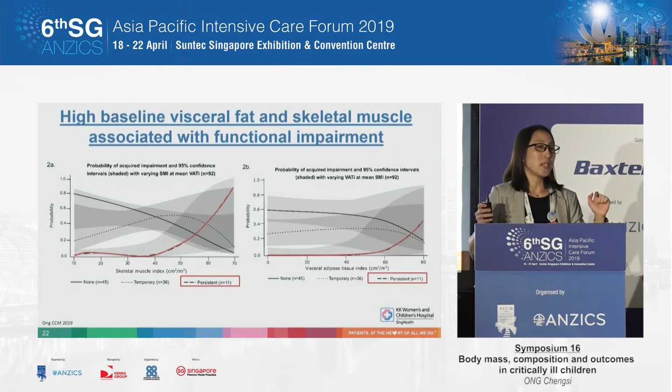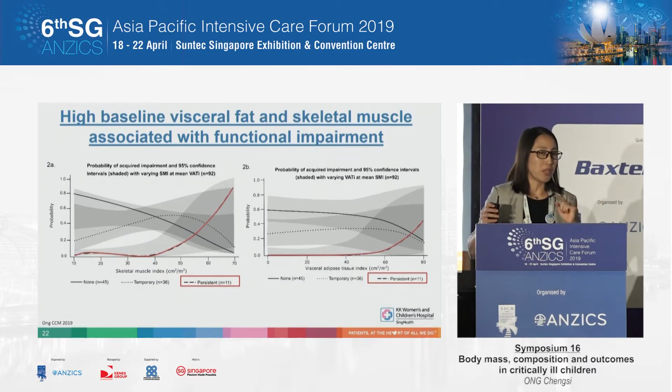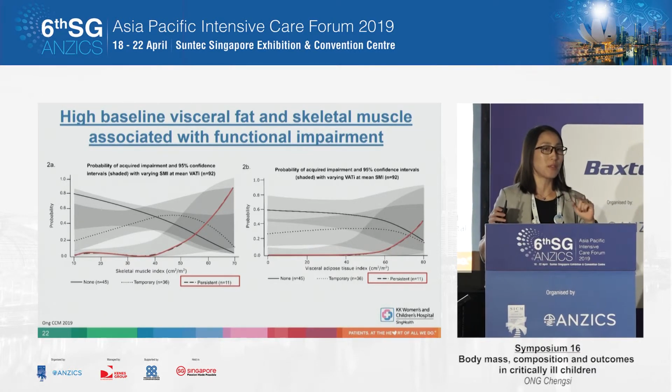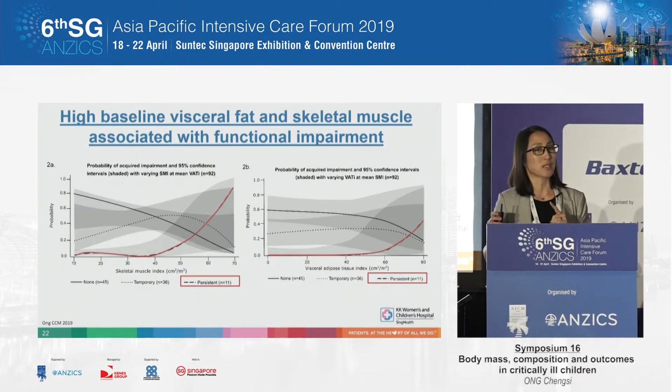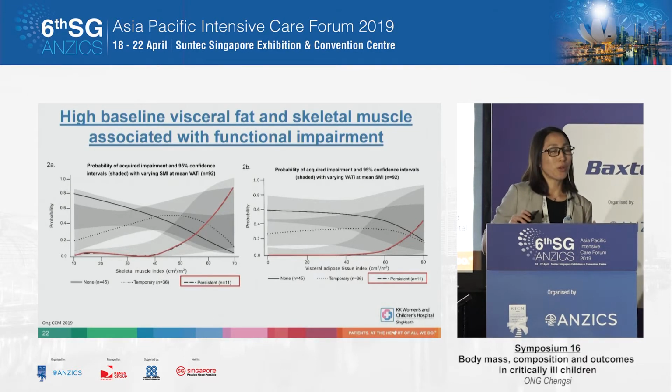And you can see that as the skeletal muscle index increases, the risk of this persistent functional impairment also increases. And then on the right is the predicted probability curve for visceral adipose tissue index.